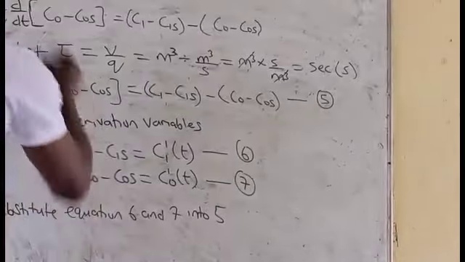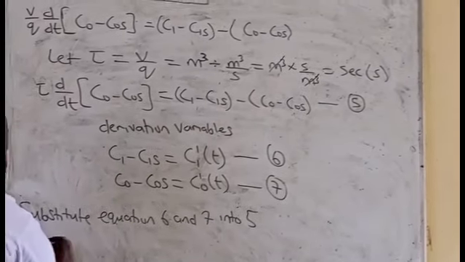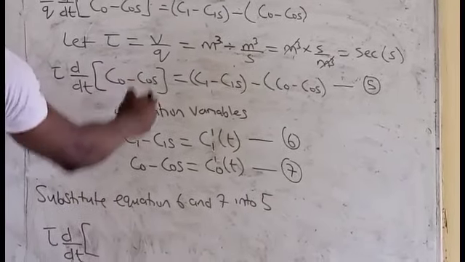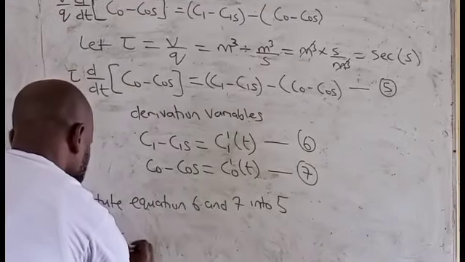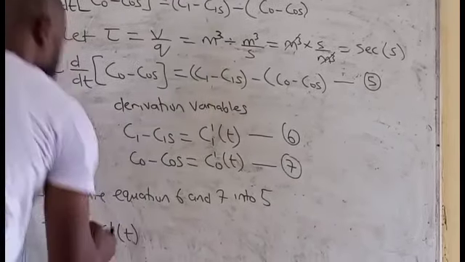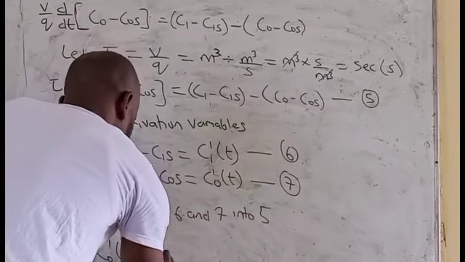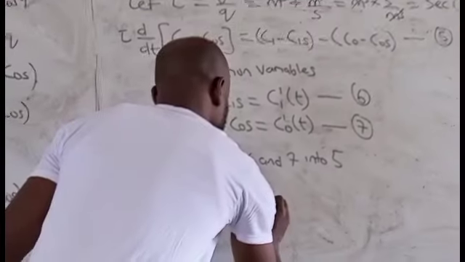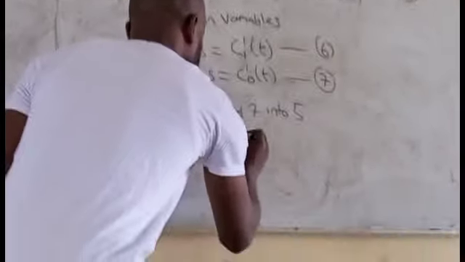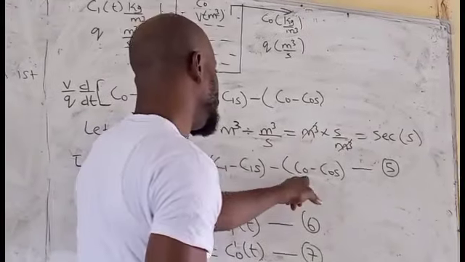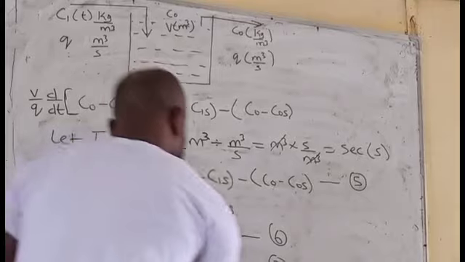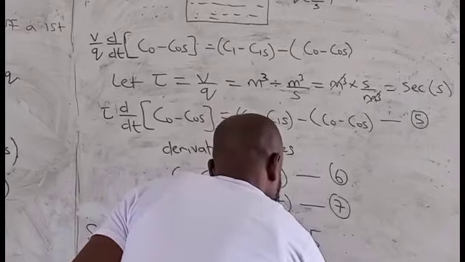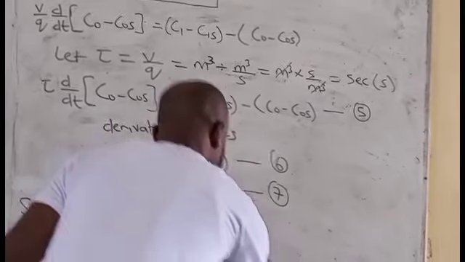From my equation 5, I have tau d over dt multiplied by C0 minus C0S, which gives C0 prime of t, and this is equal to C1 minus C1S, which gives C1 prime of t, minus C0 minus C0S, which gives minus C0 prime of t. So this is what I'm going to get.